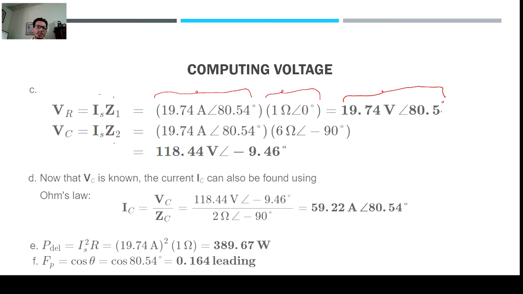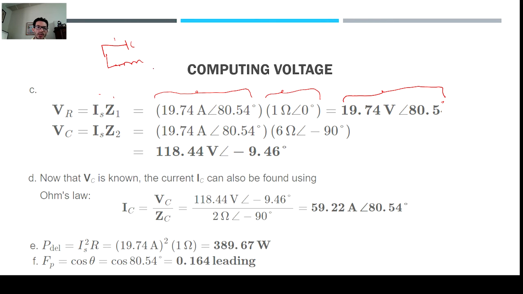The voltage through the capacitor, we mentioned that the voltage through the elements in parallel is the same for each leg or each branch, this being the capacitor and this being the inductor.